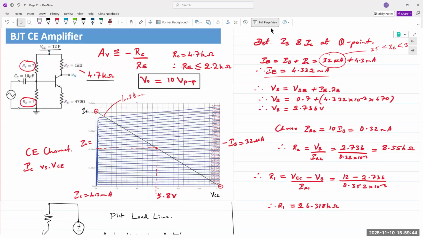RE can be determined simply from the gain value. So we're making an assumption there. And then, if your calculations are correct and it matches up with the device characteristics, you will end up with a working amplifier. And you'd be able to see that you apply V in sine wave and you measure V out.